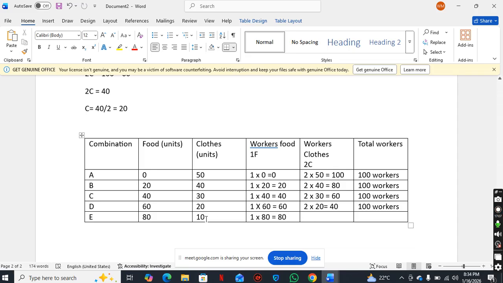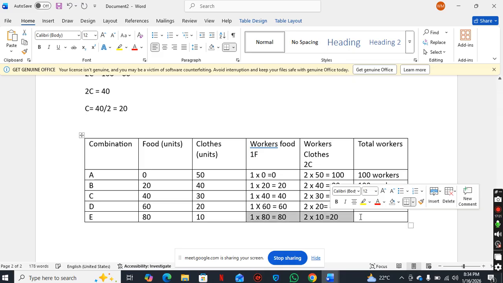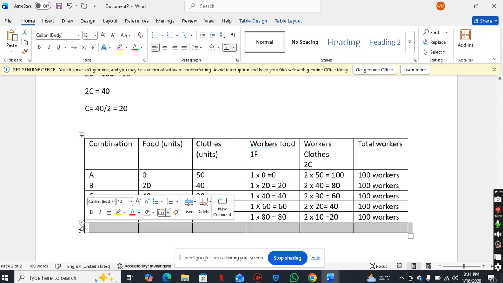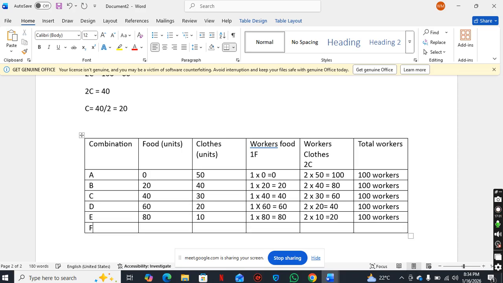One unit of clothes requires 2 workers, so 10 units are going to require 20 workers, 2 times 10. So 80 plus 20, 100 workers again. And finally we got combination F.